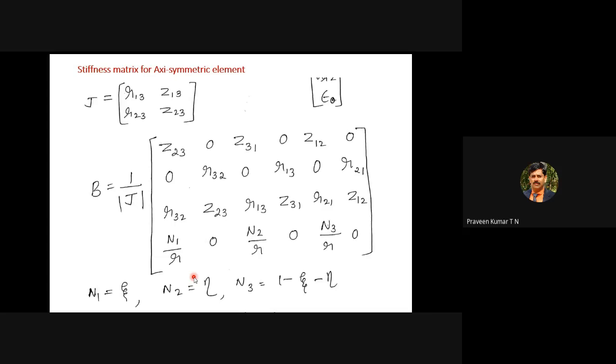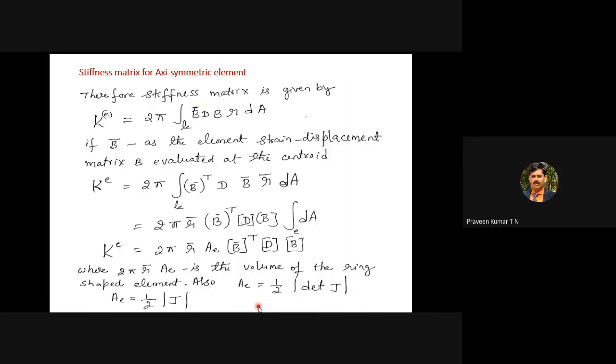Hermite shape functions belong to cubic polynomials. But for the axisymmetric triangular element, you are going for linear deformation. Whenever there is linear deformation, the shape function can be expressed by simple terms: N1 is equal to xi, N2 is equal to zeta, and N3 is equal to 1 minus xi minus zeta. Then finally we get the K matrix.